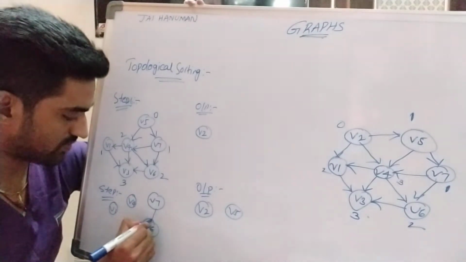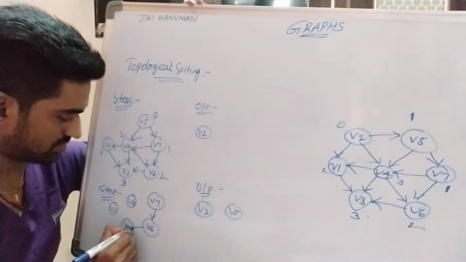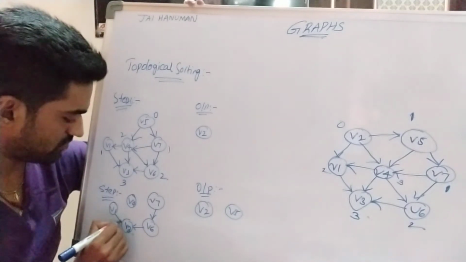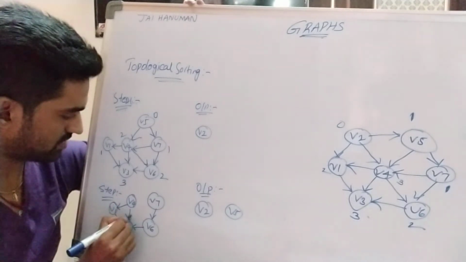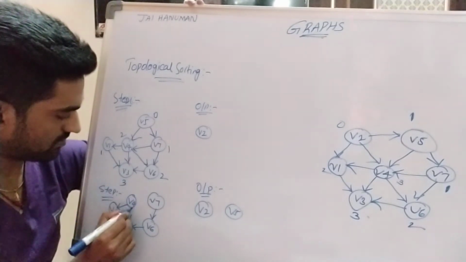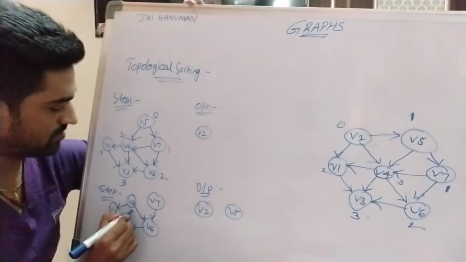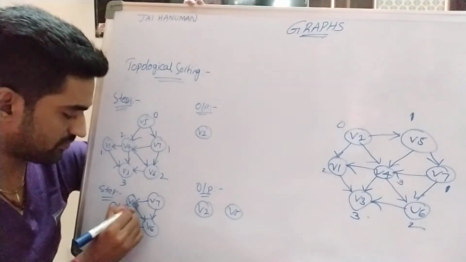So connections are V7 to V6, V6 to V3, V1 to V3, V4 to V1, V4 to V3, V4 to V6, V7 to V4, right?